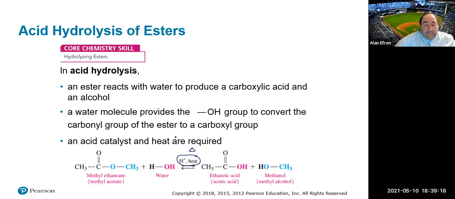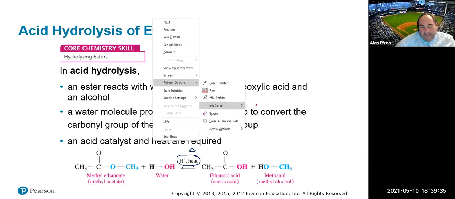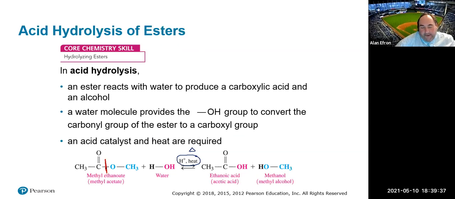So when we do this, pretty much what happens is we break it back apart the same way-ish, if you want to think about it, how we built it together. It's maybe not exactly 100% correct how it comes back together, but since we think about it breaking here, it's a good way to think about it as well. So in this particular case, the alcohol is going to come off this way.